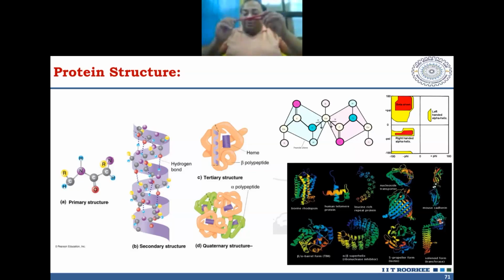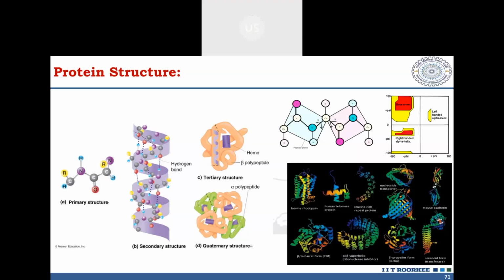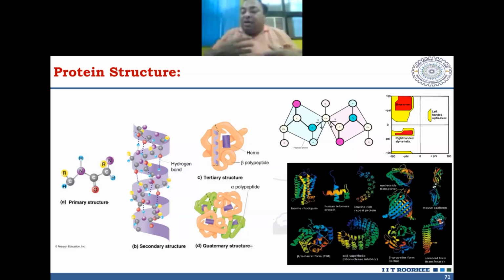Everyone, please try this. Can you do the rotation? No, sir, it's not possible. Yeah. Because with the introduction of the double bond, the freedom of free rotation is restricted.